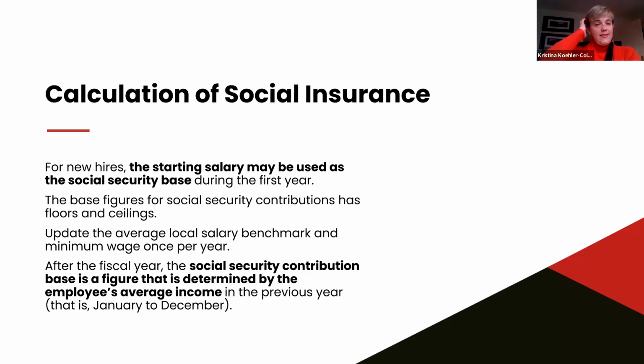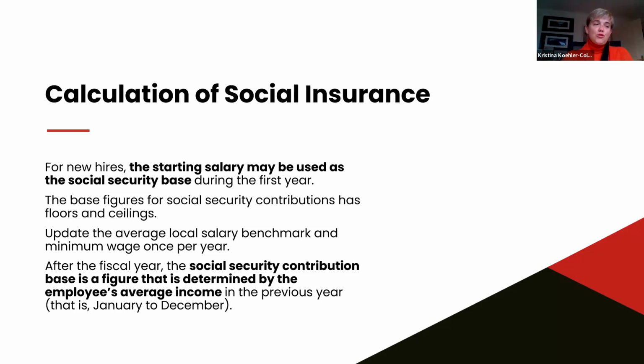Now, how to calculate the social insurance. Again, we're going to do the simulation, and I'm going to show you all of that. But for new hires to your organization, the starting salary will be used as the Social Security base during the first year, assuming that salary base is below the ceiling of the threshold.